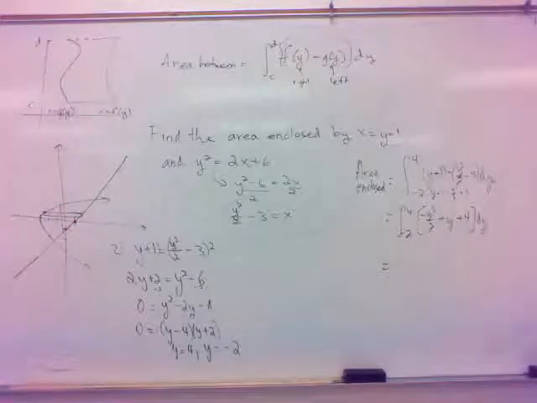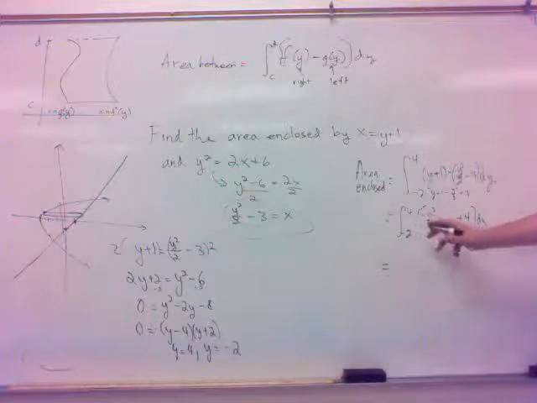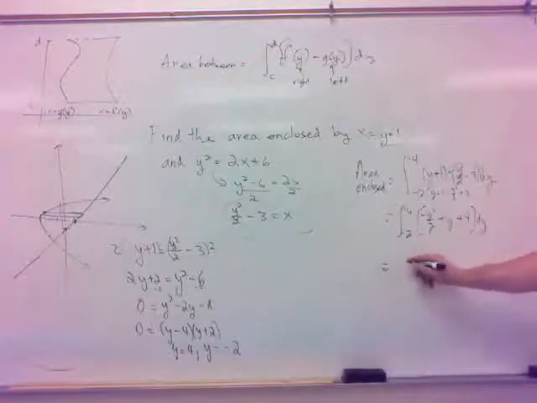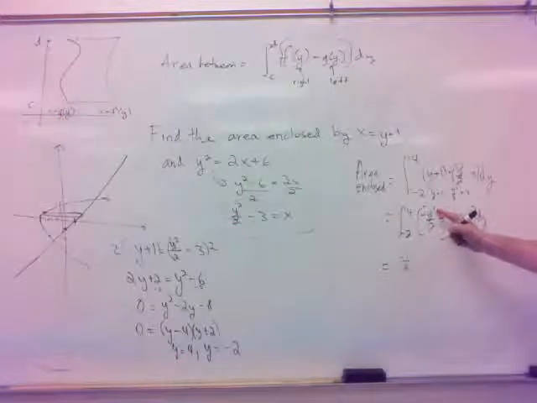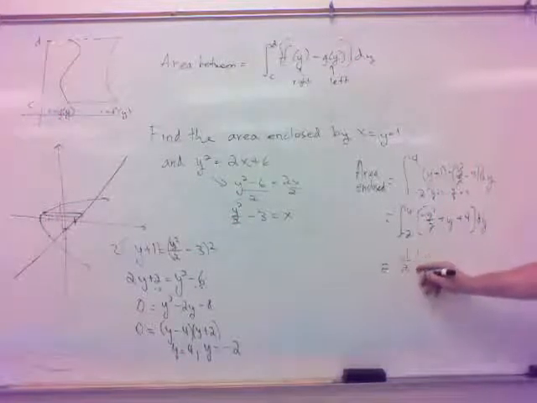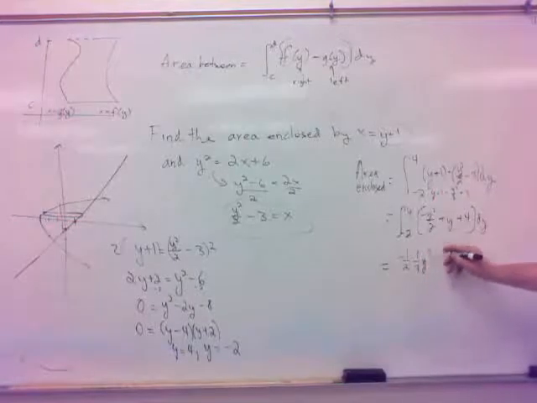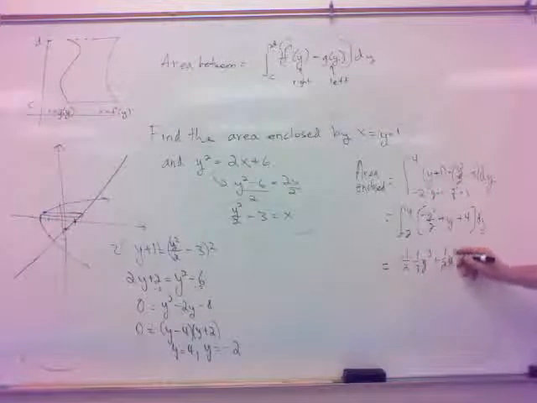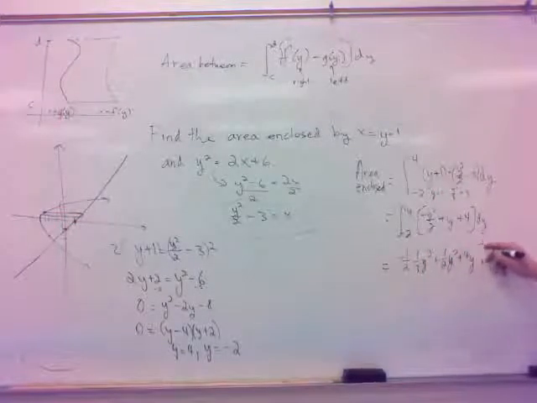Okay. All right, so that would be a negative 1/2. I'll leave it in there. That would be a negative 1/2 times, what, 1/3 y cubed plus 1/2 y squared plus 4y from negative 2 to 4.